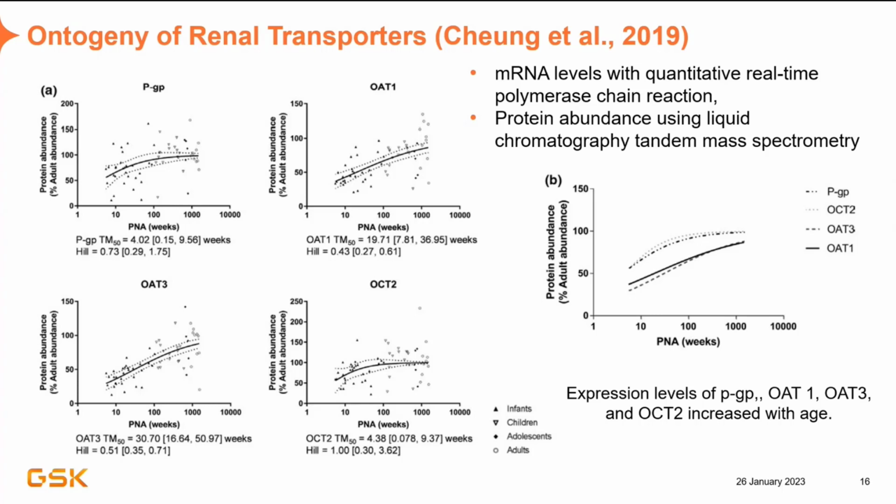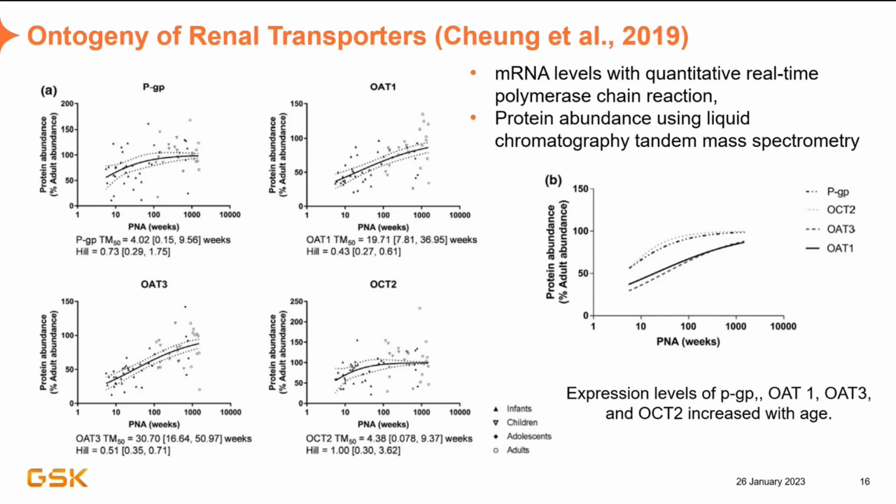In summary, there are a lot of discussions in the paper, but they show that the transporters here, PGP, OAT1, OAT3, and OCT2, are changing with age, and they are increasing. Some of them are not changing that much, and some show a little bit of difference between the mRNA expression and the protein abundance.